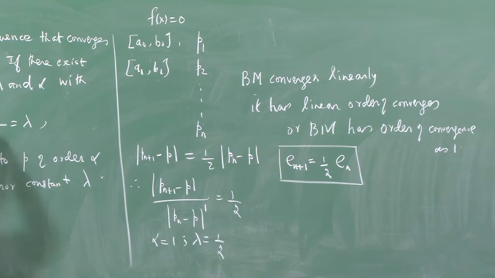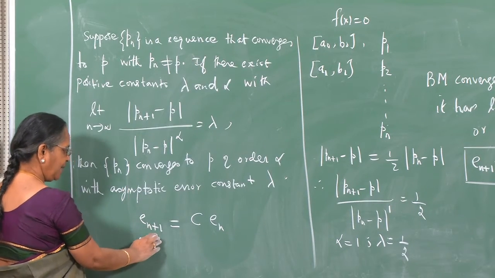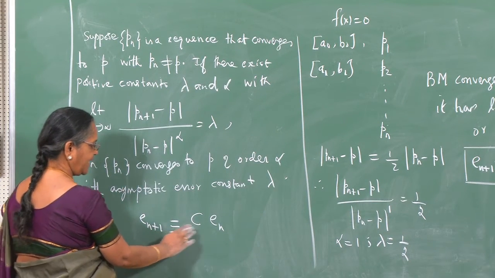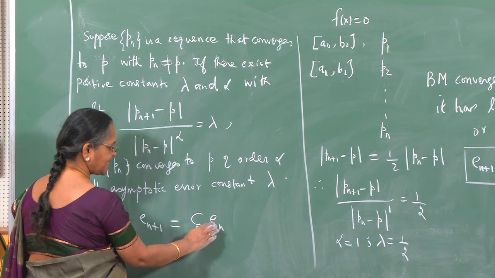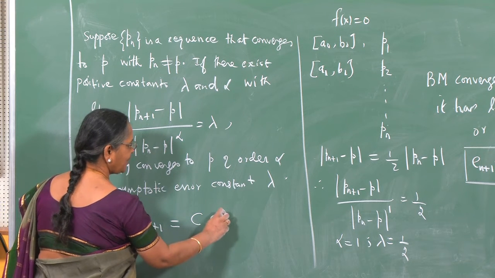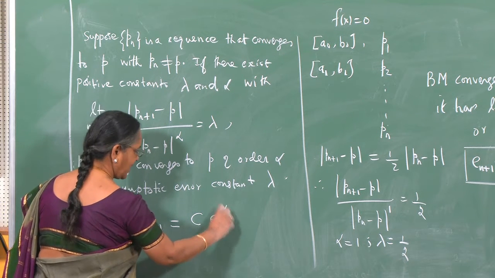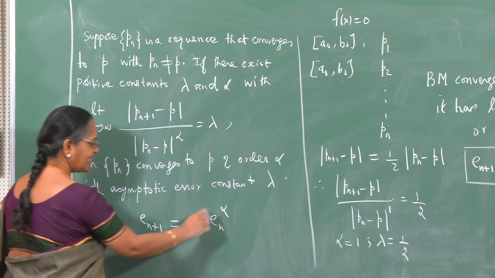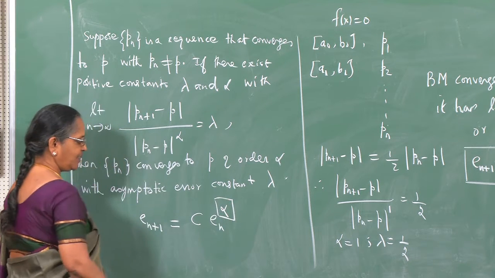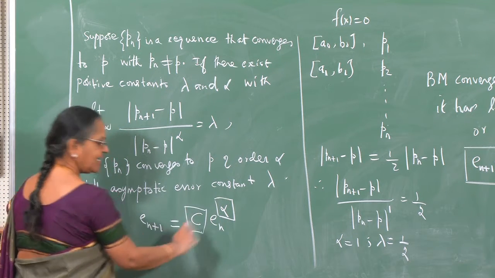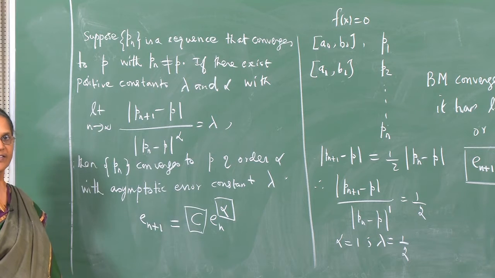Or in general, we have the error at the n plus 1 step given by some constant C times the error at the nth step raised to the power of say some alpha, then we say that alpha is the order of convergence of the method and C is the asymptotic error constant.